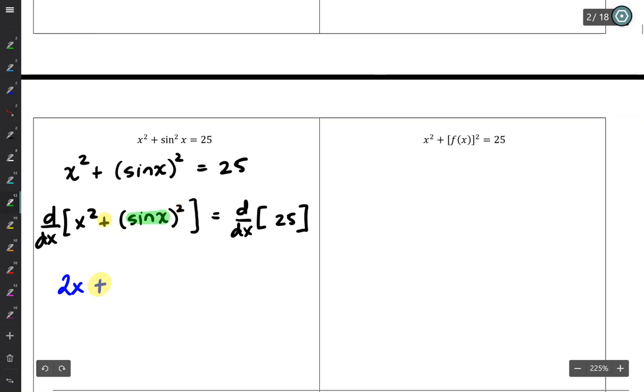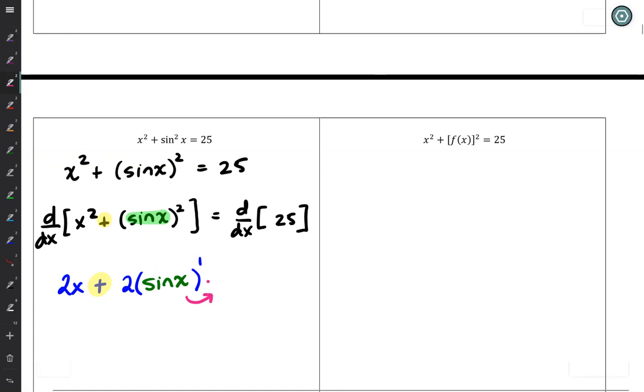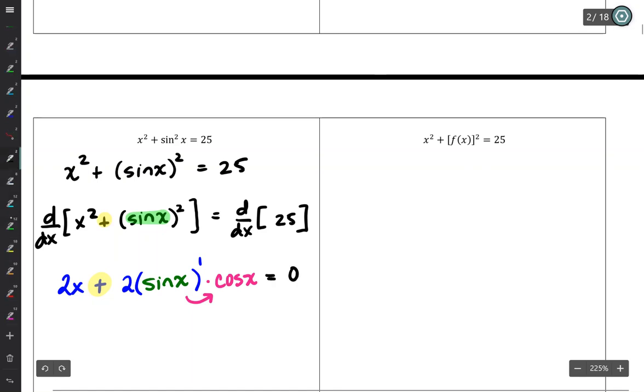Beautiful. Chain rule: the derivative of the outside function, the derivative of something squared, is 2 times that thing to the power of 1, evaluated at that inside function, my inside function here being sine x, times the derivative of my inside function, and the derivative of sine is cosine, equals the derivative of 25, which is 0.